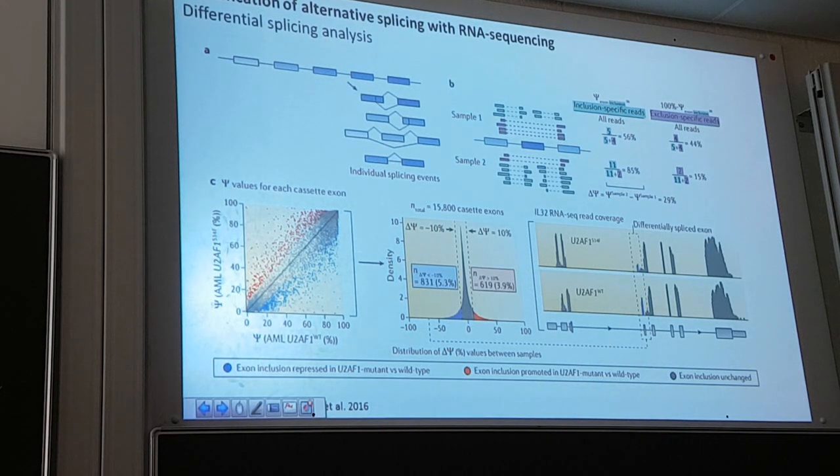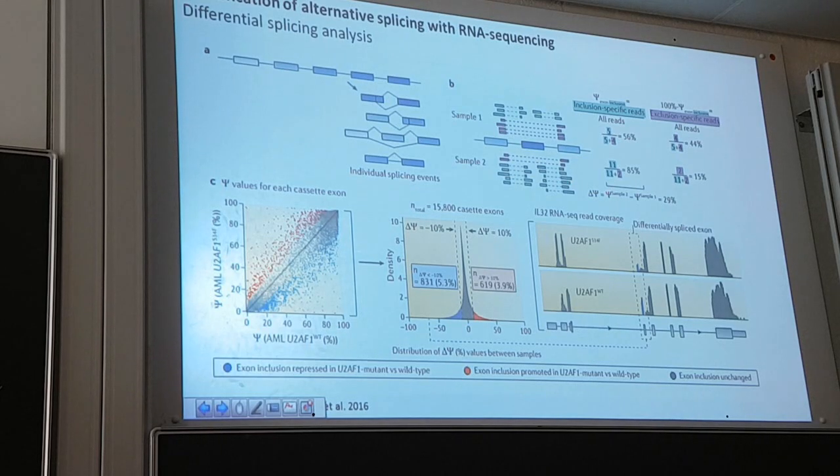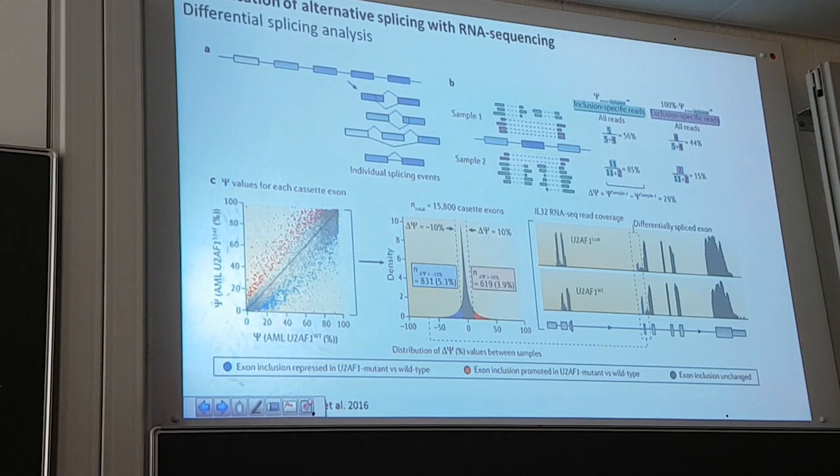It's percent spliced in, also called inclusion level, where basically you calculate the percentage of your reads supporting the inclusion transcript, and the percentage supporting the exclusion transcript, and you do it for two conditions, very often in a differential setting. So you compare the inclusion level in sample 2 to the inclusion level in sample 1, and you get delta PSI.